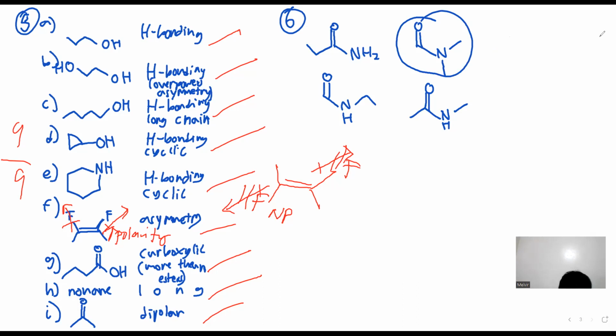Sige, you write the reason. Di ba ang galing ng ganito, yung makikita mo pa lang yung structure, Josh, alam mo na kung ano yung magiging property niya. You can predict the melting point, boiling point, even its physical property. Okay, and then you now proceed with 7, if you're good with that.